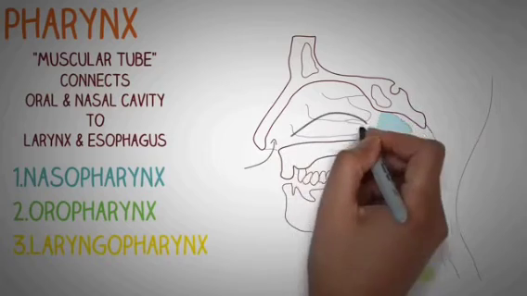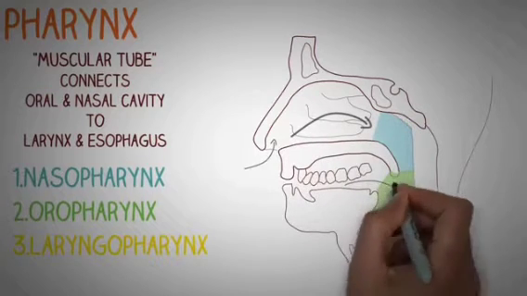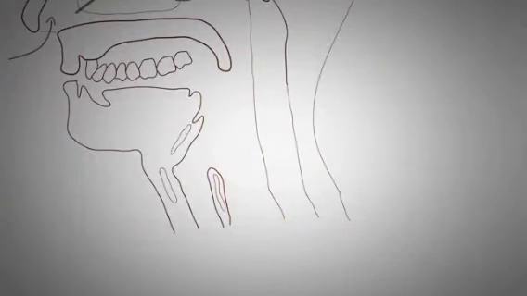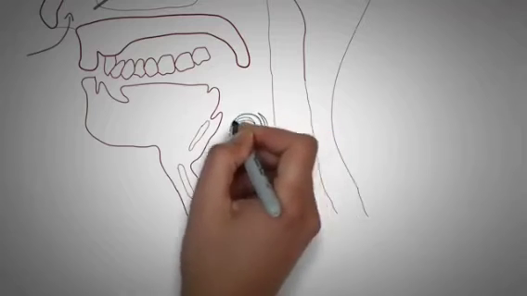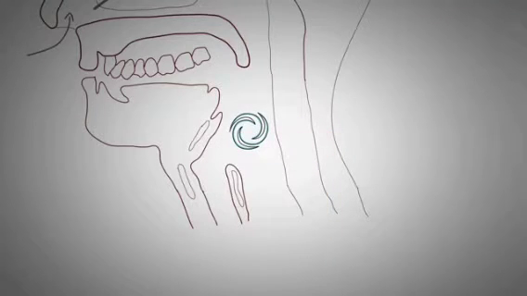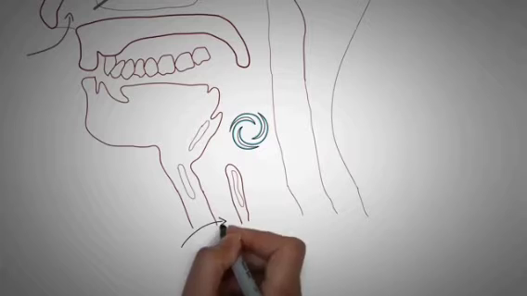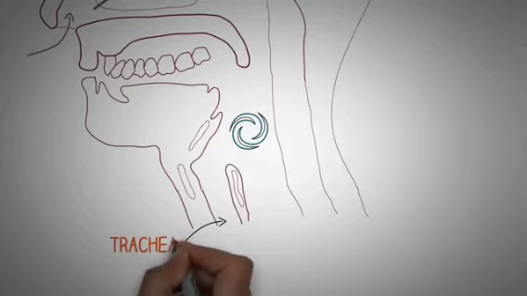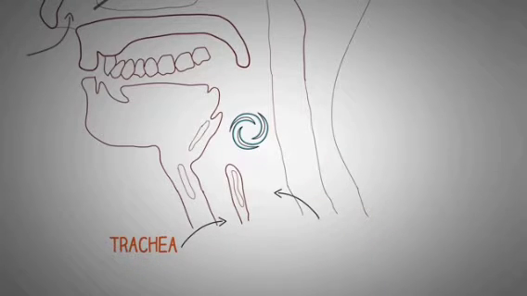Above that, the epiglottis is present, which closes the food pipe and allows the movement of the air towards the windpipe, that is trachea.